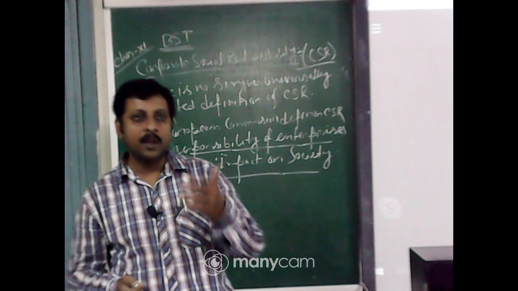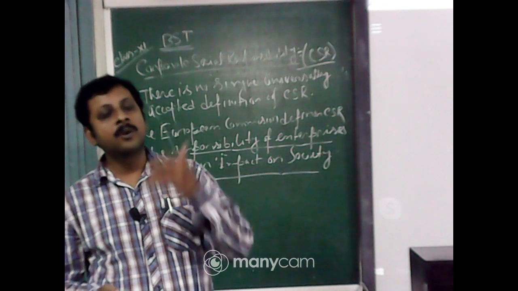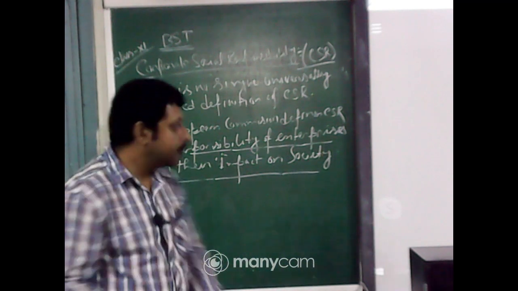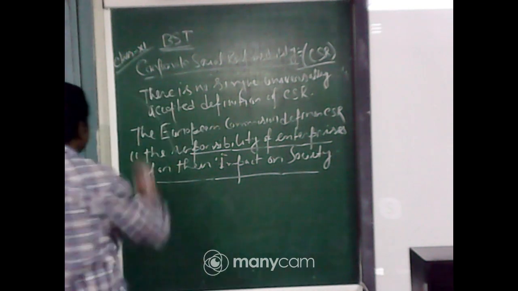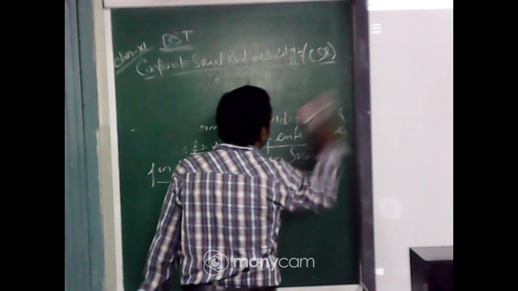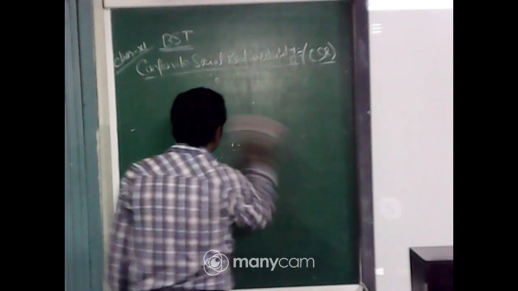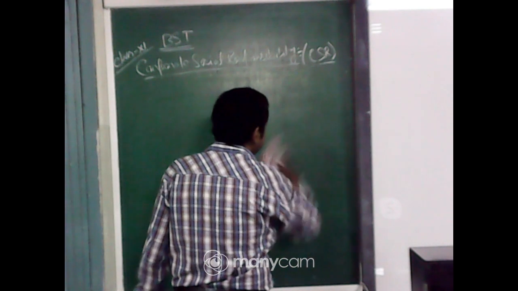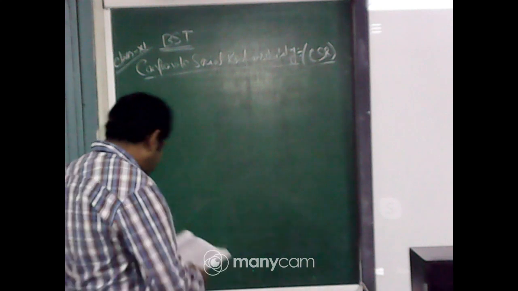That is why you always have some responsibility towards society. This definition says that. Now there is another renowned body. This definition is very important because sometimes it also comes in exams, as does what the European Commission says as the definition of CSR.